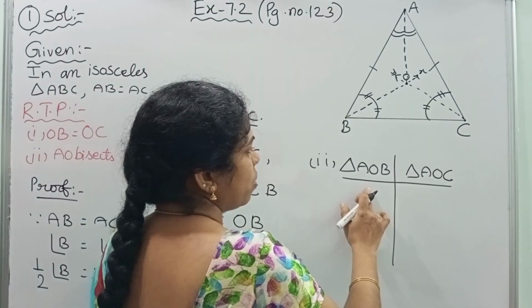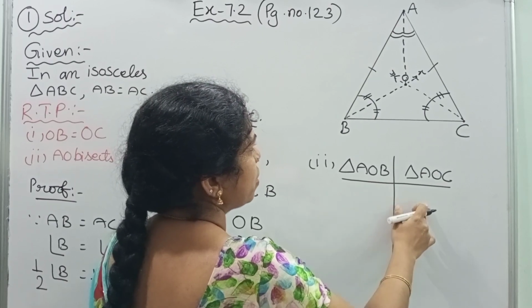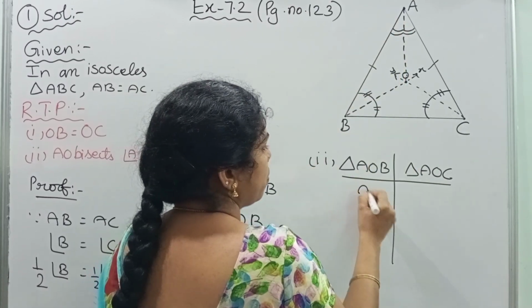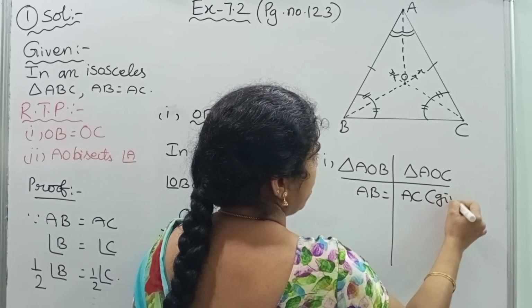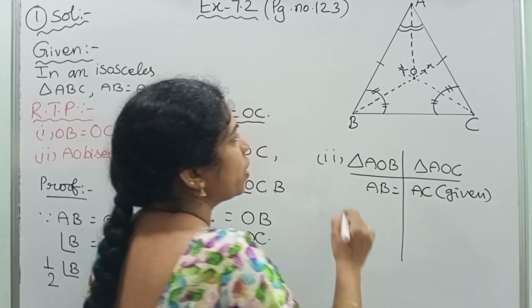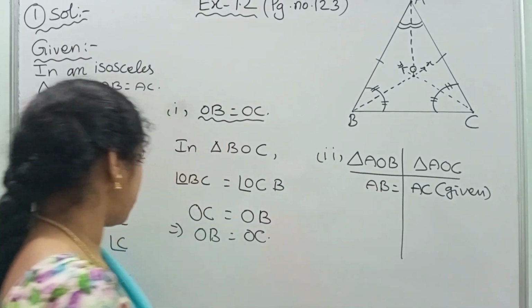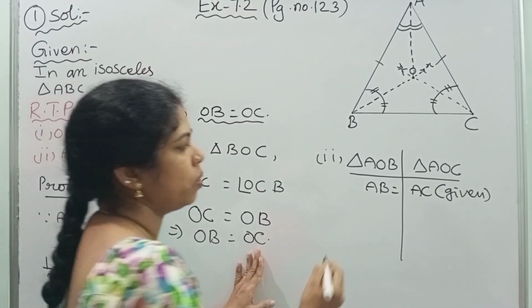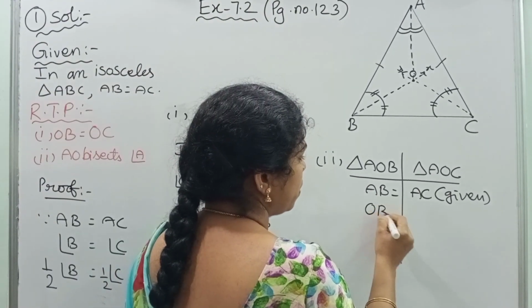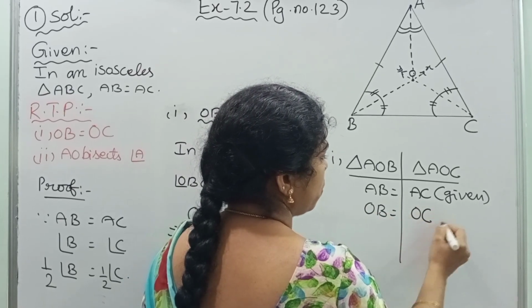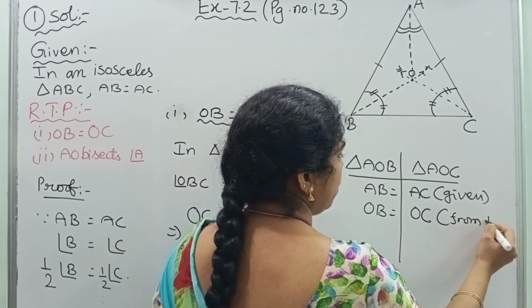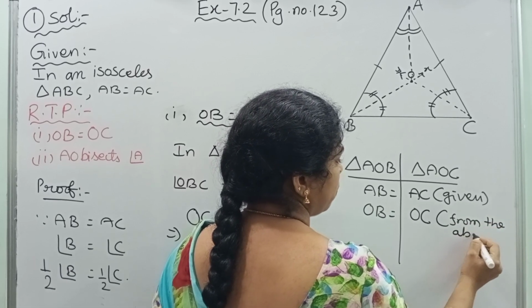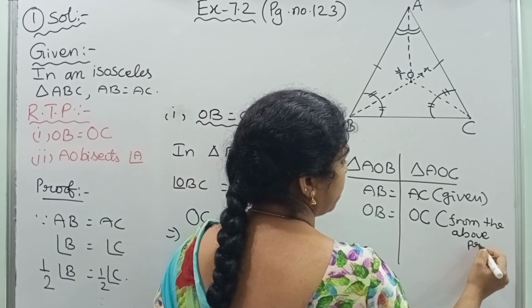In these two triangles, we already know that AB is equal to AC, which is given. And just now we proved that OB is equal to OC from the above proof.